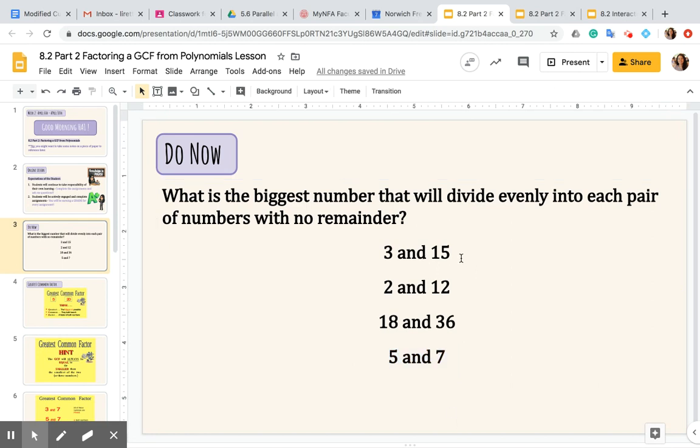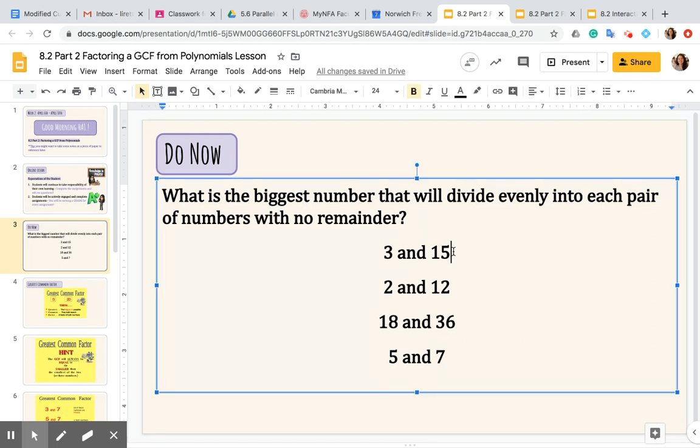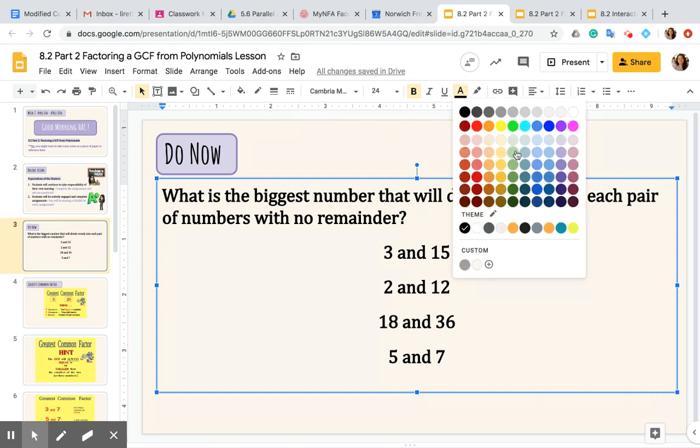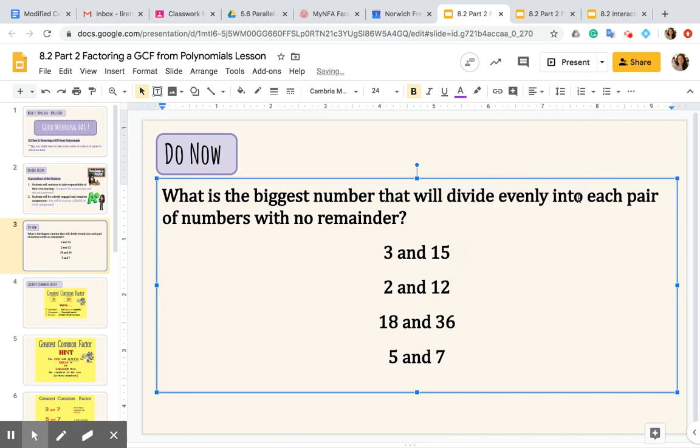All right, so I'm assuming you've paused the video and you've given them a go. So here's what you should have gotten. The biggest number that'll divide evenly, and I'll change color here. Let's do purple. The biggest number that'll work here is 3. 3 is the biggest number that'll divide into 3 and 15 with no remainder.